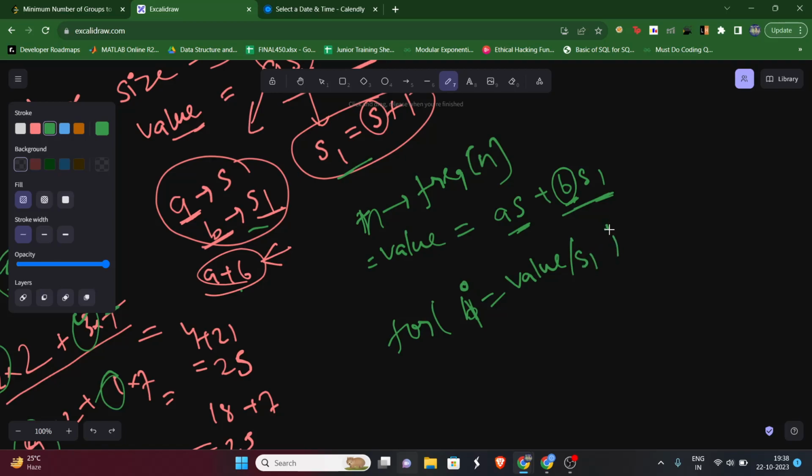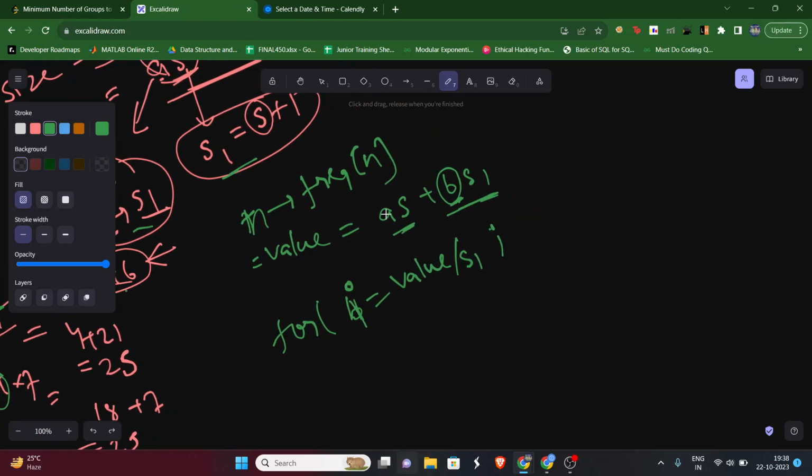This can be the biggest value, right? Even if it might be smaller, at max b can be value upon s1. So for finding b, we can run a loop for i equal to value upon s1, till i is greater than or equal to 1, i minus minus.